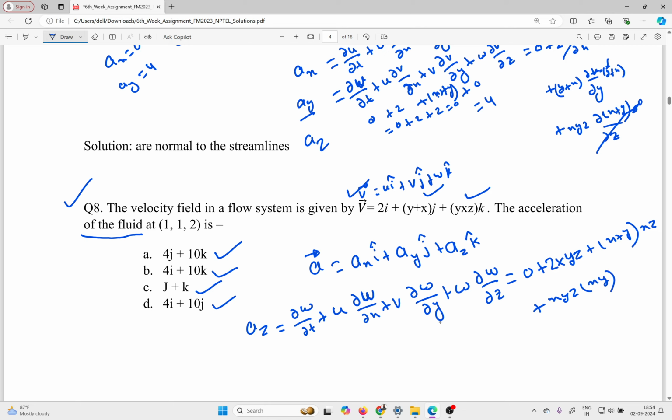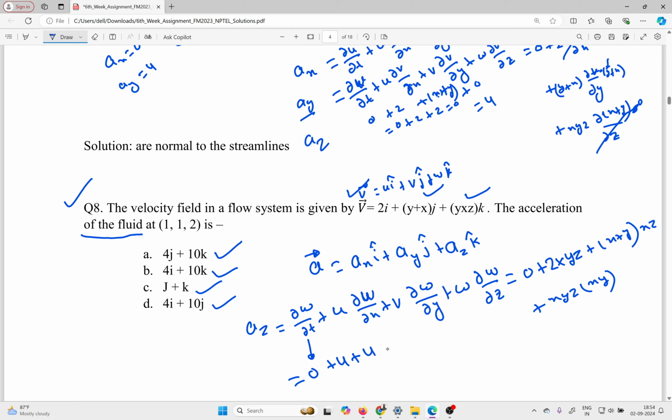So when you put 1, 1, 2, that is x equal to 1, y equal to 1, w equal to 2, you will get first term 0, second term 2yz, 2yz means 1 and 2, that is 4, plus 1, 1, 2, again 1 and 2, 2 to 4.